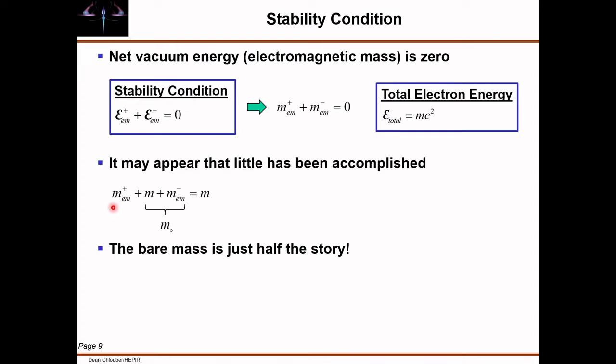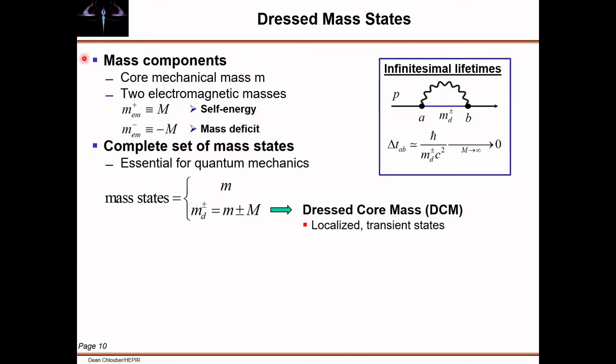So we begin to suspect that the bare mass is just half of the story. If we opt to proceed with the bare mass only, then we introduce an asymmetry, and we encounter the aforementioned issues with the theory. So let's take stock.